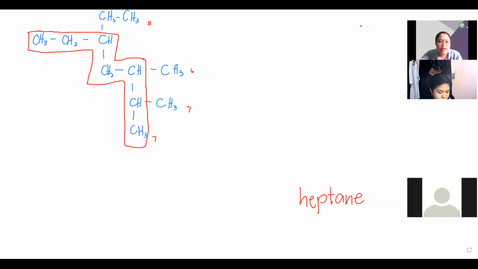Okay, sige. Ayan, so yung mga hindi natin nasali in the parent chain are this one, and then this one, and also the one sa taas. Okay. Let me delete the numbers first para hindi tayo ma-confuse later.